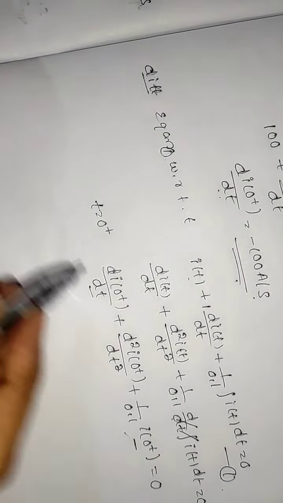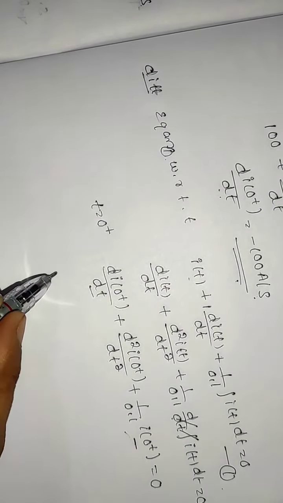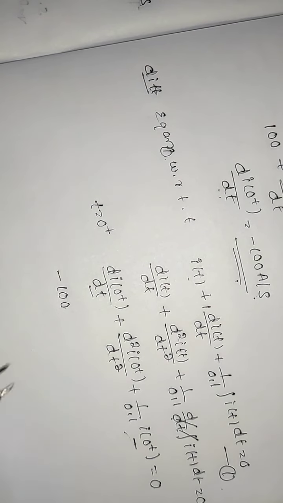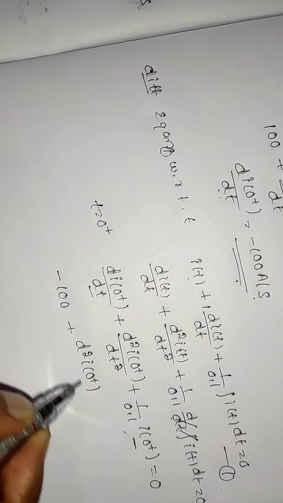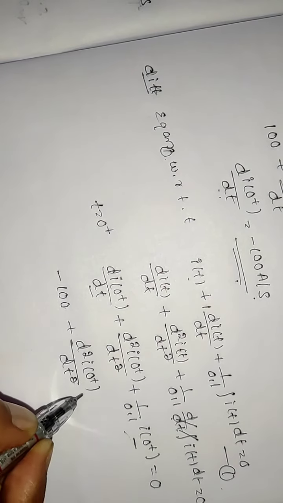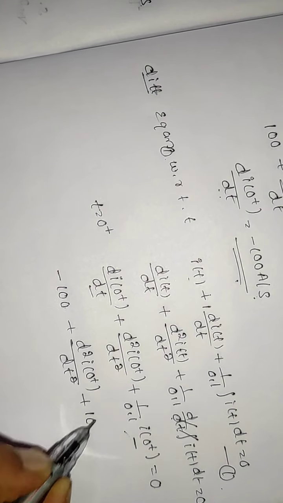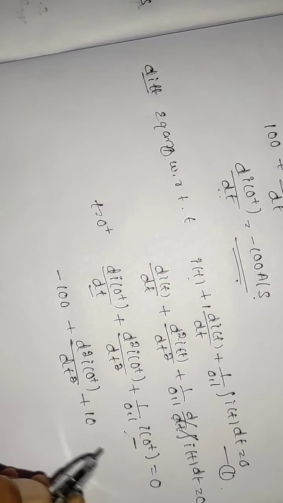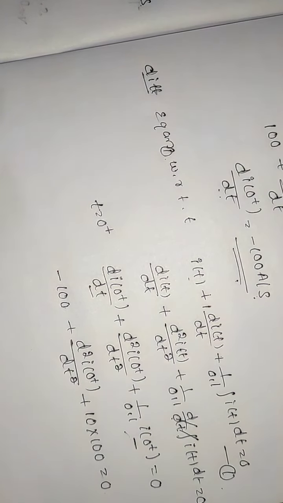Substituting, dI of 0 plus divided by dt is minus 100 ampere per second, plus d square I of 0 plus divided by dt square, plus 1 divided by 0.1, which becomes 10, times I of 0 plus, that is 100 ampere, equals 0.